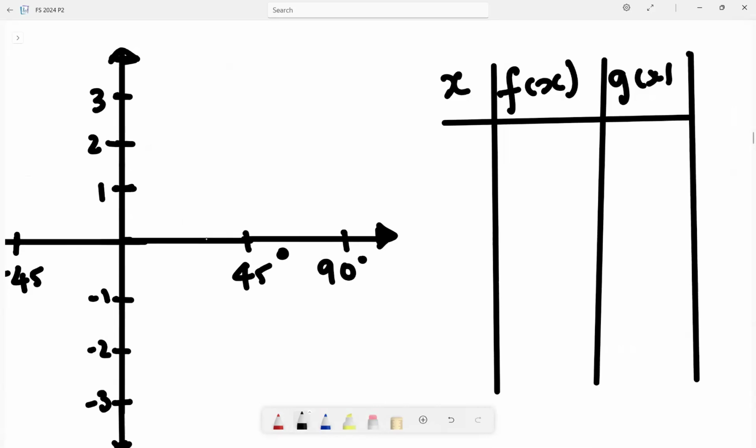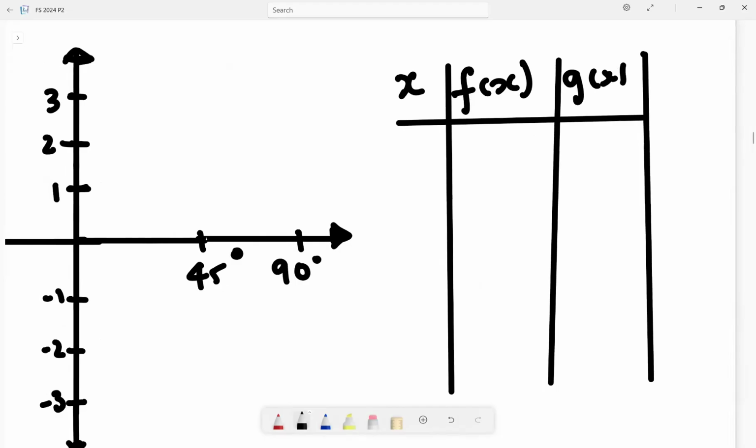Can you see I have negative 90, negative 45, 45, and 0. Do not forget the 0 here. So I'll say negative 90, negative 45, 0. Do this on your scrapbook or somewhere.